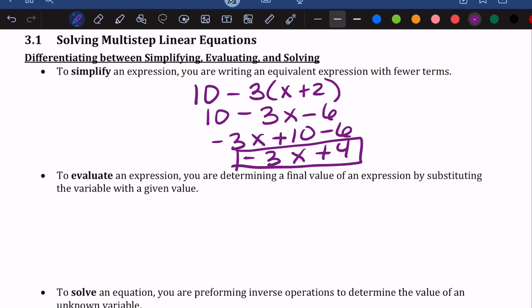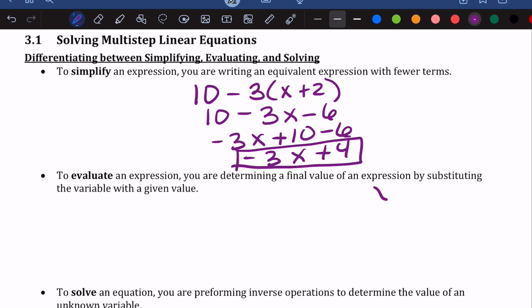To evaluate an expression, instead of just trying to rewrite it with fewer terms, I'm actually trying to solve to get a final value, a single answer, usually a numerical answer. In order to do this, I need to know what the value is for the unknown number.